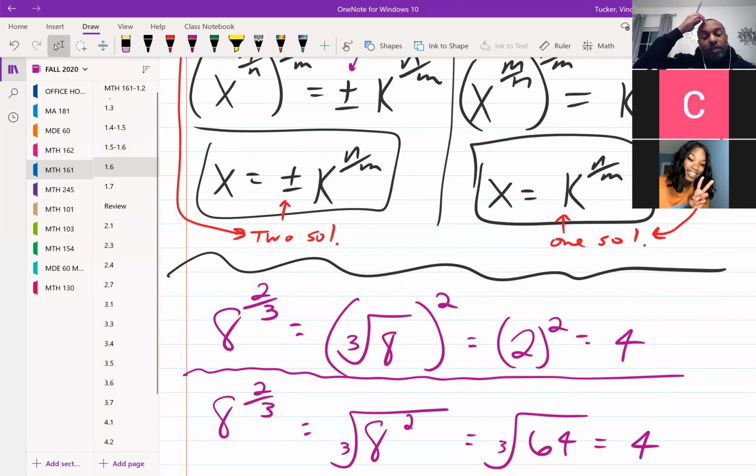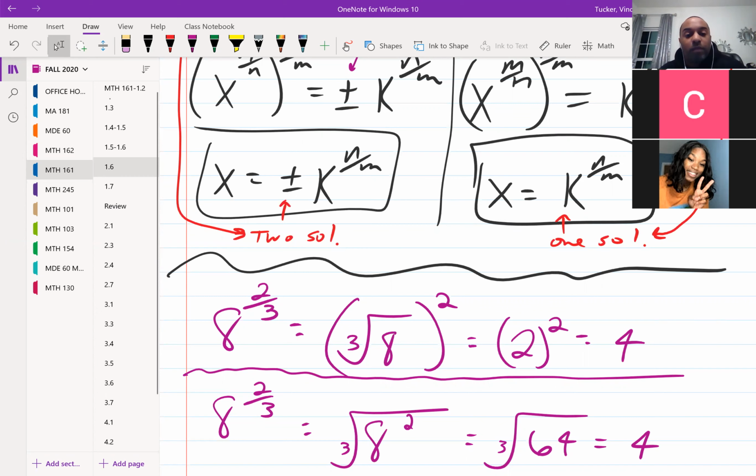All right, so just making sure we're okay with the application of the exponent being a fraction. If I have 8 to the 2 over 3 power, it doesn't matter which order you apply this to the 8. You just have to remember that the denominator is always the root or the radical, and the numerator is always your power.